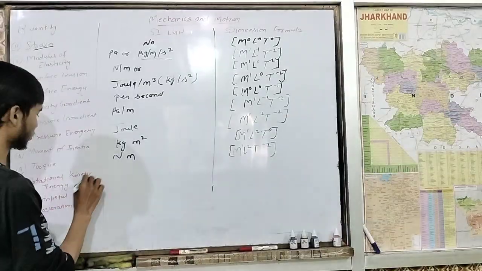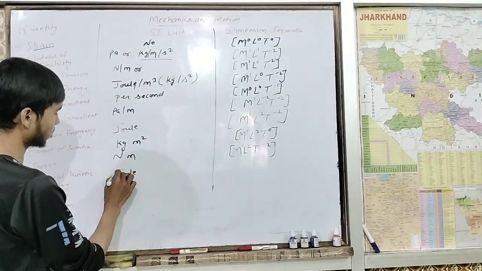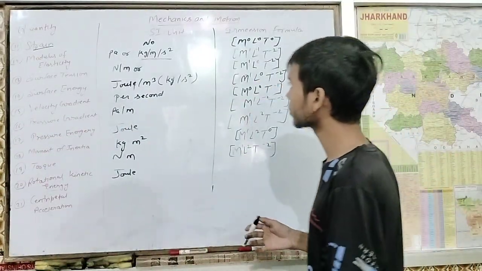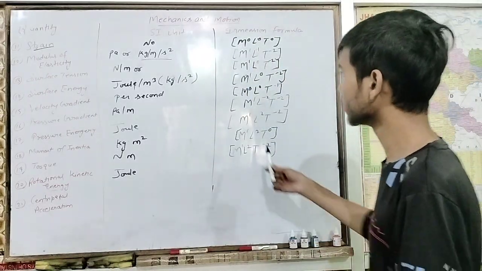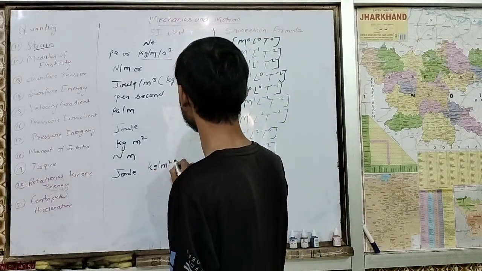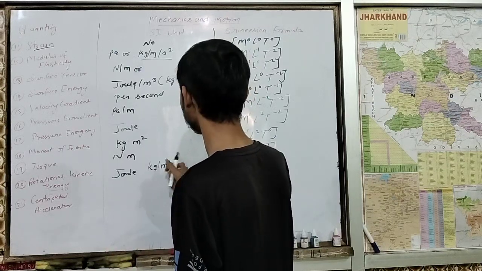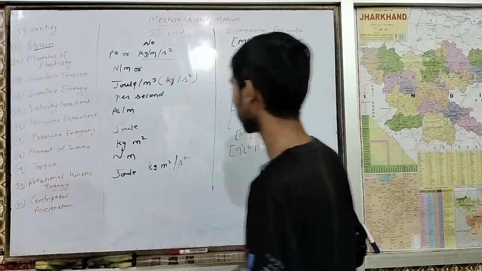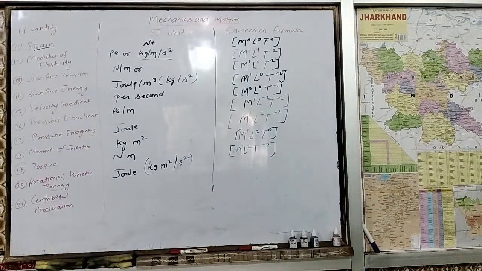So the SI unit for rotational kinetic energy is joule, which is kg into meter square per second square.